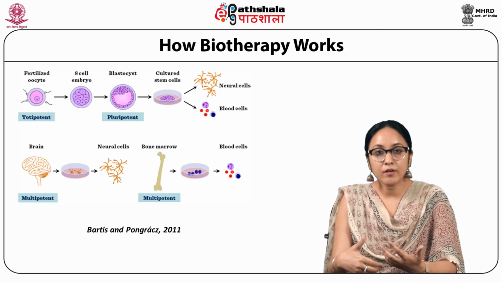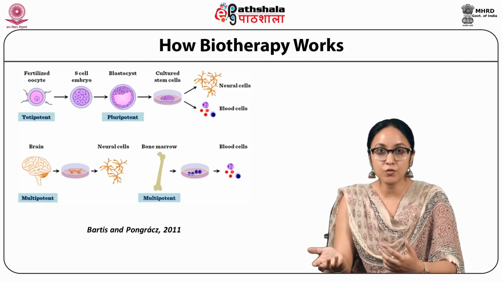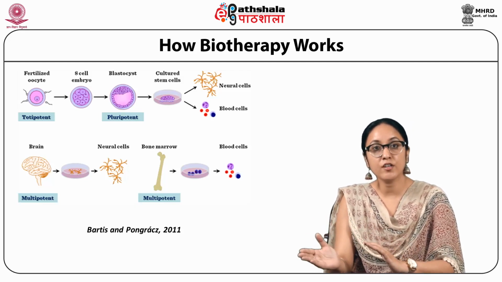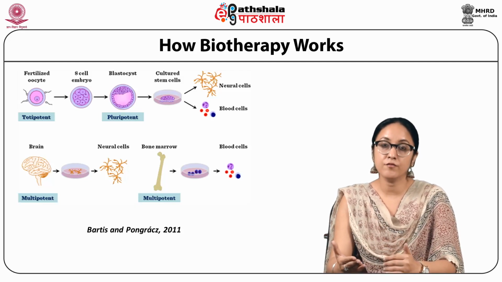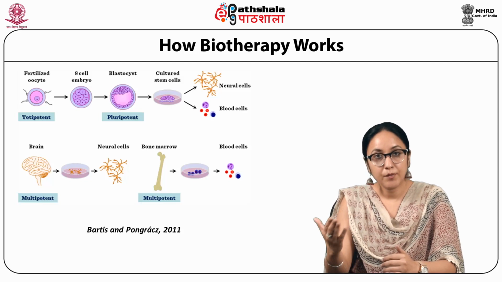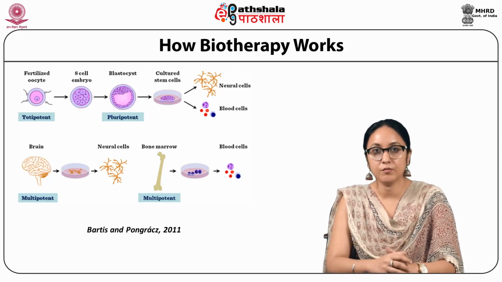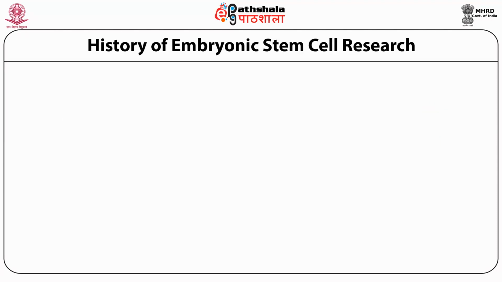Finally, we have multipotent stem cells. These multipotent stem cells are present in the adult tissues and they usually cannot differentiate into all types, but yes, they can convert or transdifferentiate into a few major cell types, and that's why they are called multipotent stem cells.